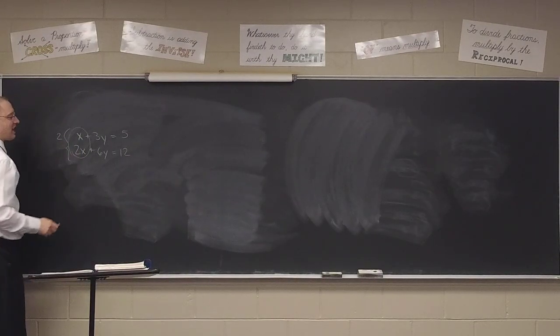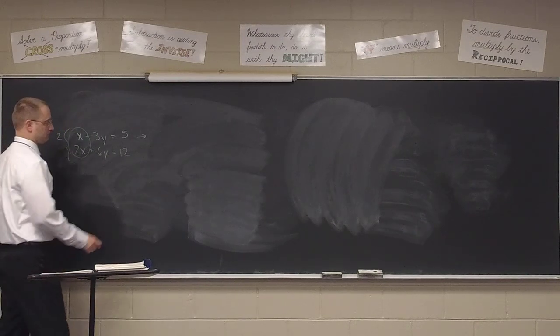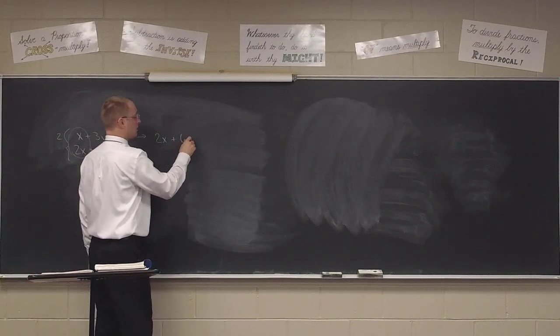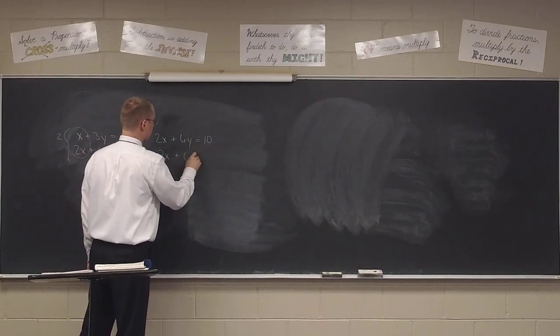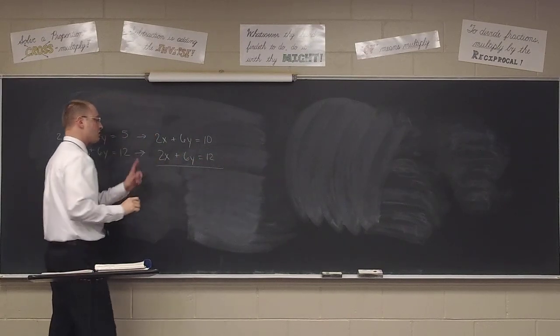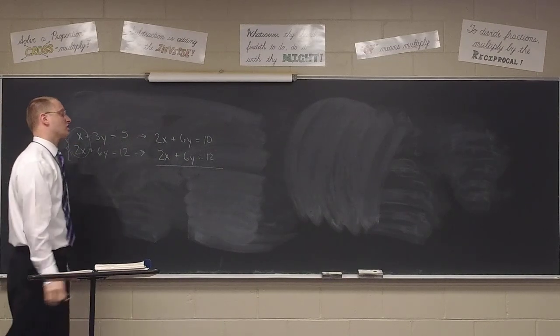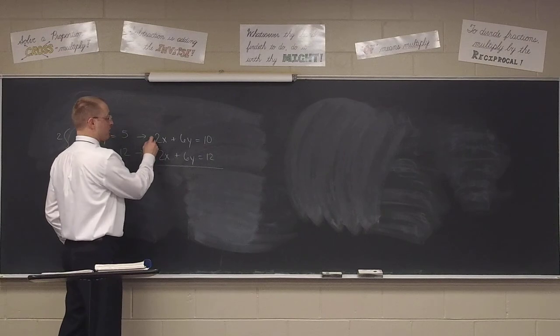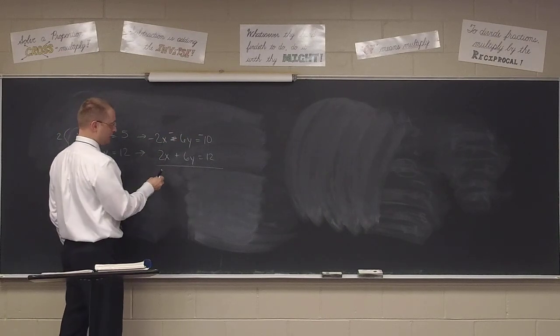And so when I multiply the top by 2, what does it become? Noah? 2x plus 6y equals 10. And of course the bottom equation I'm going to leave for now, 2x plus 6y is equal to 12. But the x's don't cancel unless I change signs. So let's change signs across the top, where the smaller numbers are. Change them there. My x's are going to cancel.